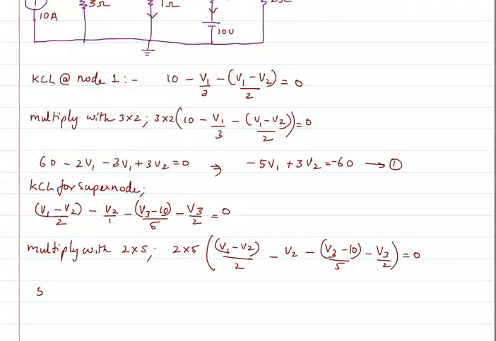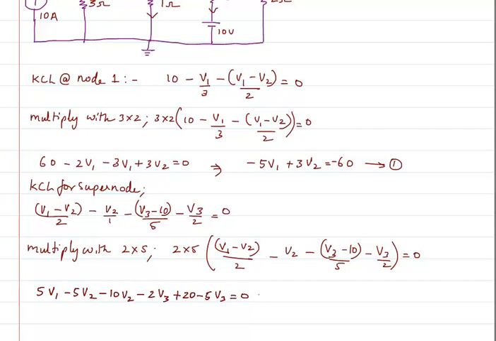So it will be 5 times V1 minus 5 times V2 minus 10 times V2 minus 2 times V3 plus 10 to 20, minus, again it's a 2, so minus 5 V3 is equal to 0.